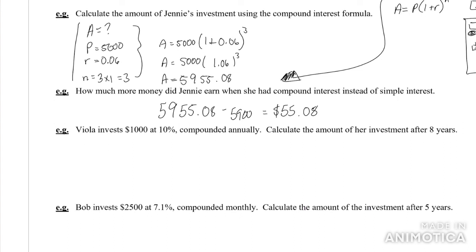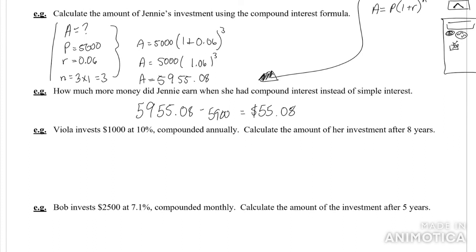So Viola invests $1,000 at 10% compounded annually, and how much will it be worth after 8 years? So A, I don't know how much it's worth. P, she invested 1,000, and R is equal to 10%, so that would be 0.10.